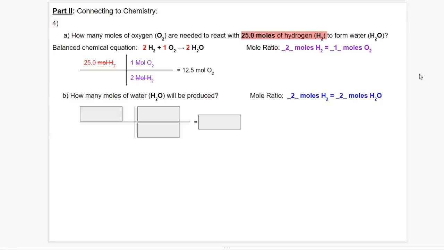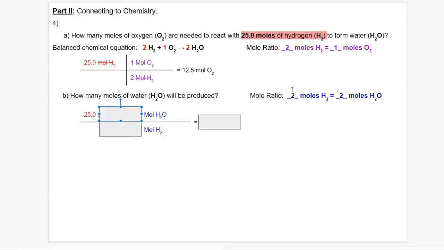from. I'm going to start this conversion problem once again with the same given, 25.0 moles of H2. Since I'm starting with moles of H2, the very first thing I want to get rid of is moles of H2. So I'm going to put that unit on the bottom. Right here, moles of H2 will convert into moles of H2O. So moles of H2O is what I put on the top.